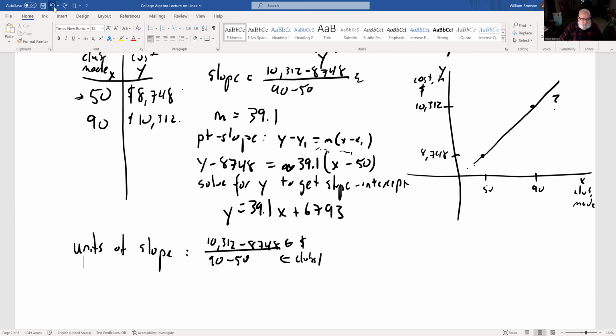How many clubs were made? So the units of slope are always a ratio, this per that. So we get $39.10 per club. It costs them $39.10 to make one club, right? That's what the slope represents here. And the units of slope are always units of y per units of x.